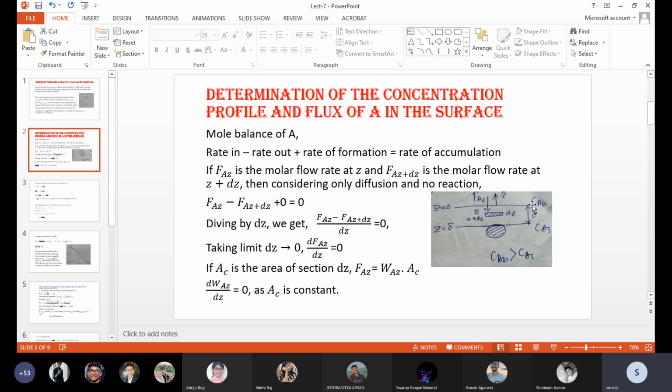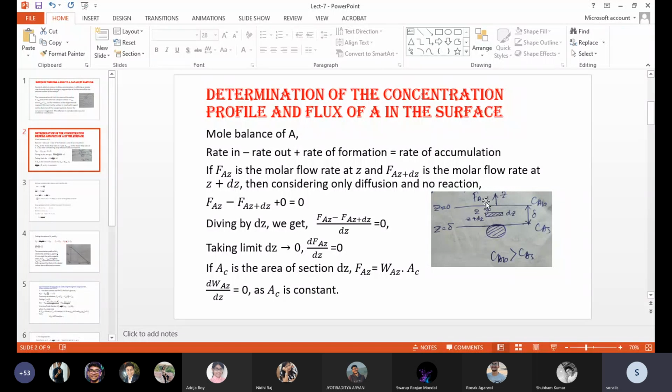So that rectangle we have taken here. This is the catalyst particle. Above it there is a delta thickness, this rectangle, where the starting is z. If it is the z coordinate, we have taken z equal to 0, and this is z equal to delta, this thickness in this coordinate.